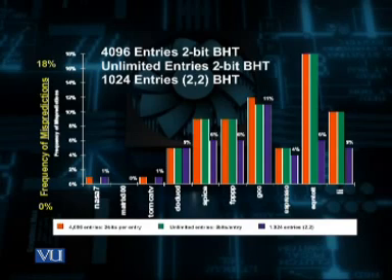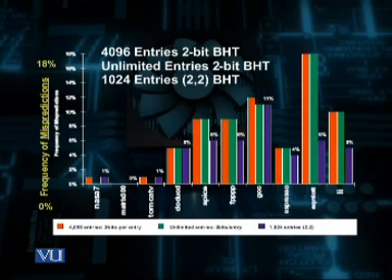Here you can see that the impact of the correlating branch history table is very high, whereas the difference due to an increase in the size of the branch history table, whether it is 4K entries or unlimited, is not significant.